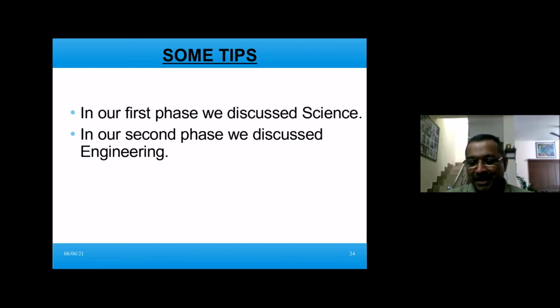Actually, uncle is an engineer, and as an engineer, I have to respect the scientist first. They are relentlessly doing their work, day and night. If they are not there, an engineer won't be here.